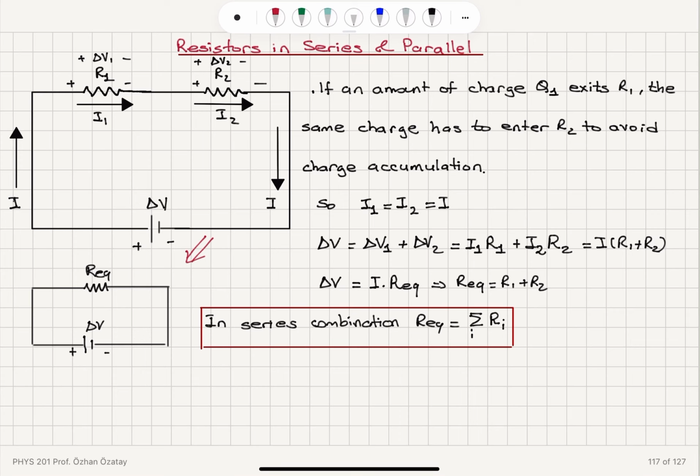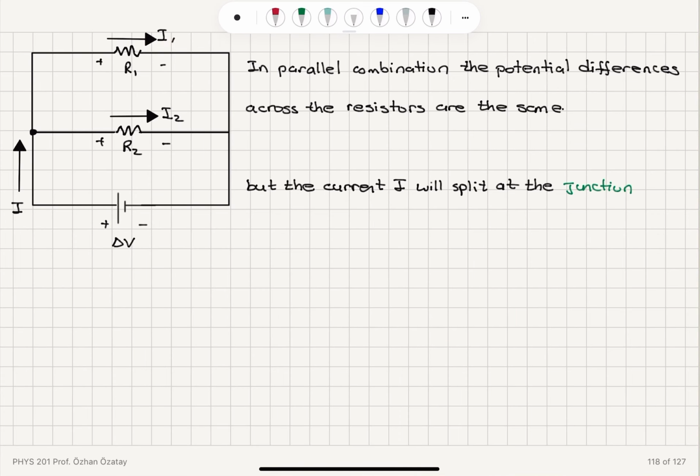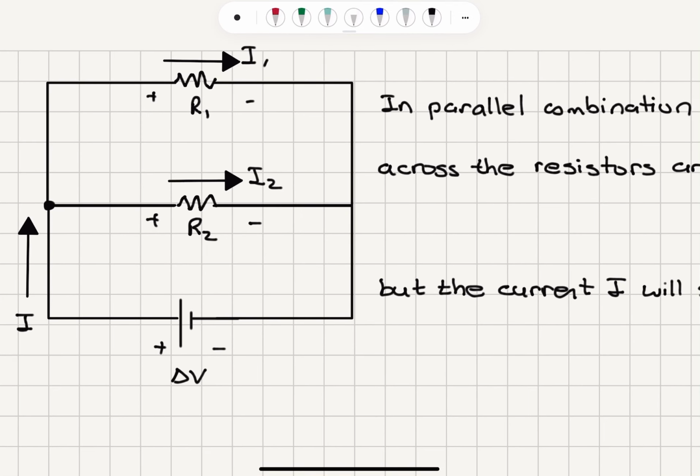Now let's take a look at parallel connection. In parallel combination, the potential differences across the resistors are the same. So R1 and R2, they share the same potential difference, delta V, which is equal to the potential delta V applied by the battery. And the current that flows through R1 is I1, the current that flows through R2 is I2, and the total current I is basically the current supplied by the battery.